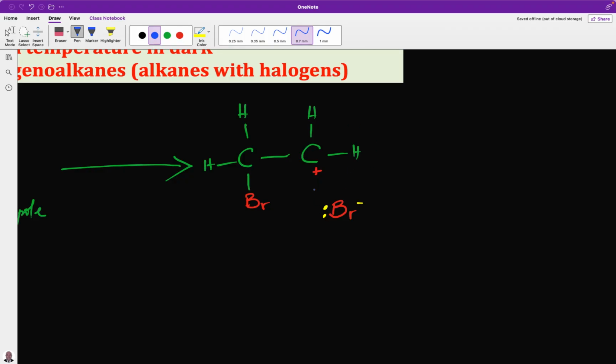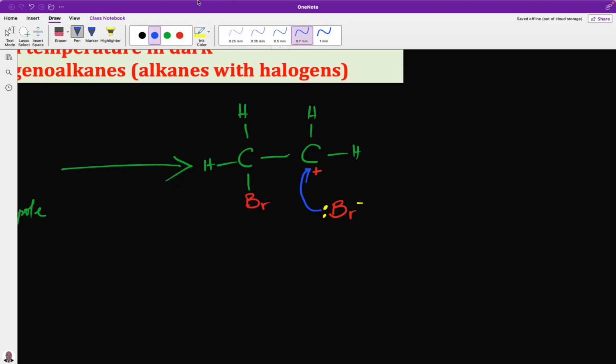And when it's attacked by the bromide ion, as the bromide ion is attacking the carbocation, it is at the same time donating this pair of electrons to this positively charged carbon, forming a new covalent bond. So there is an attack by the bromide ion on this carbocation. By doing that, it donates electrons, and a new covalent bond is formed.